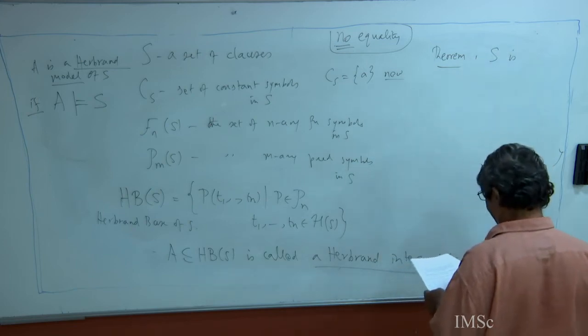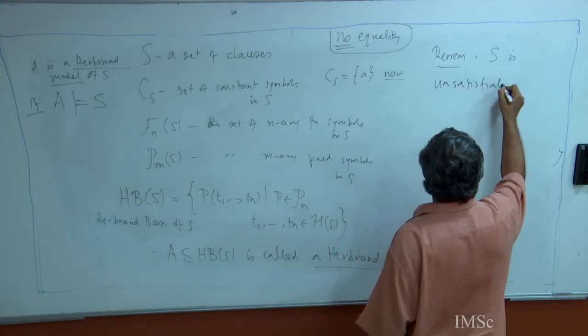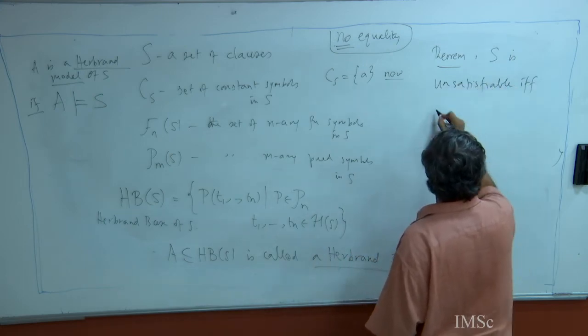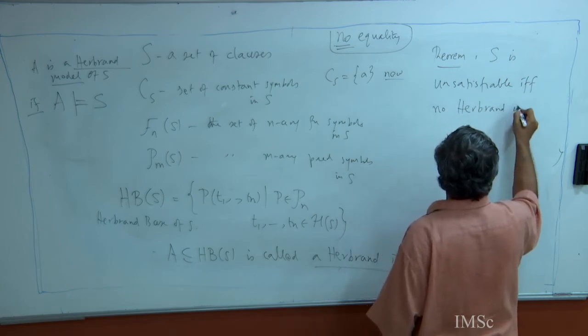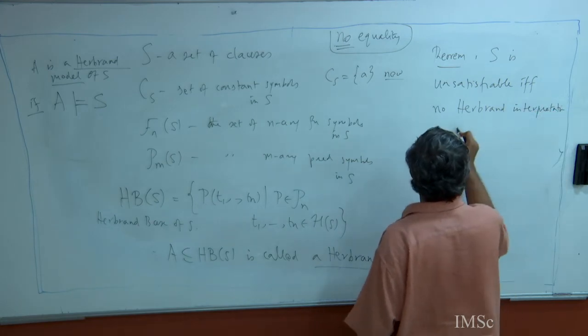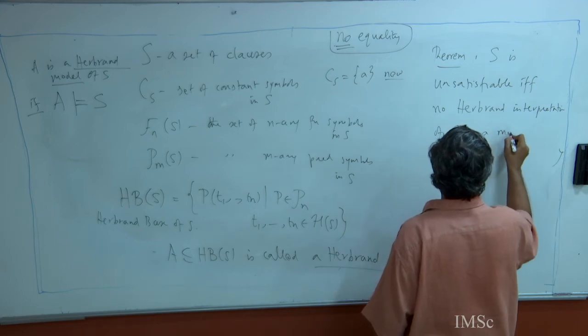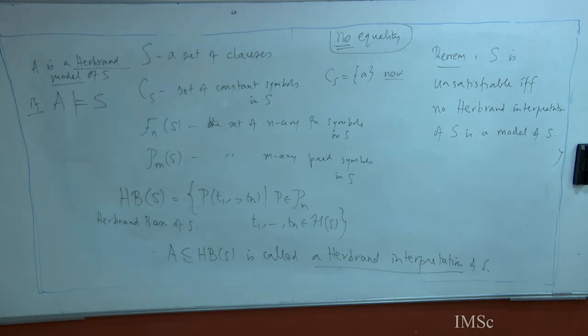S is unsatisfiable if and only if no Herbrand interpretation is a model of S. That is, if S is satisfiable, if S has a model at all, it has a Herbrand model, and if S does not have a model, no Herbrand interpretation will make it true.